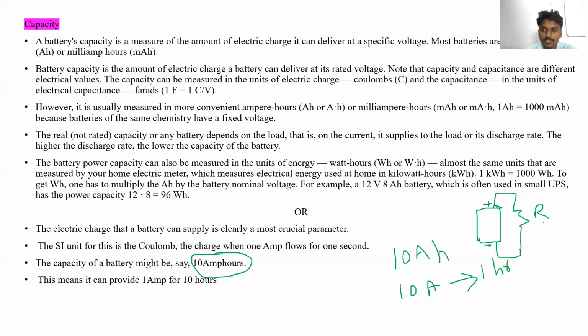This is a resistive load. If this resistive load is receiving 10 amperes, this battery can supply this load for 1 hour only. Is it clear? So this is the rated capacity of the battery.